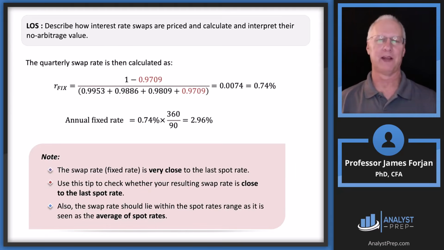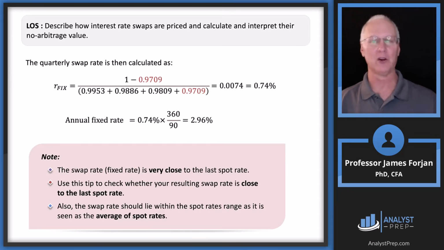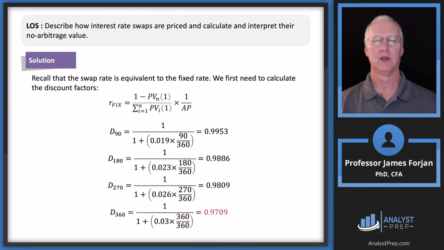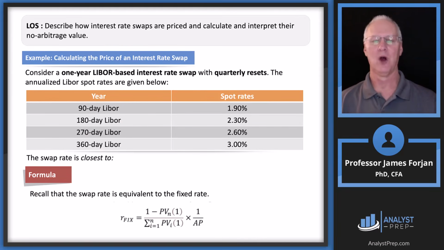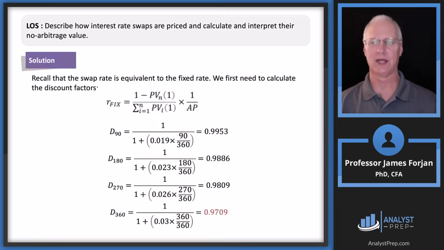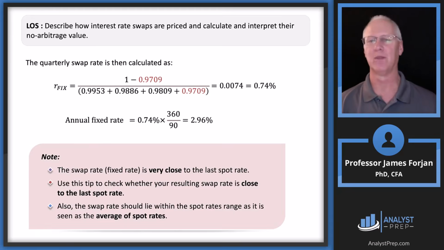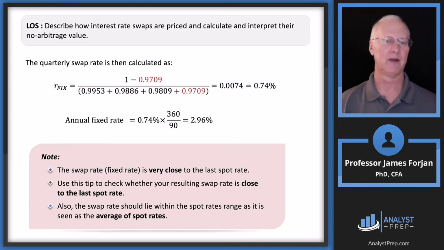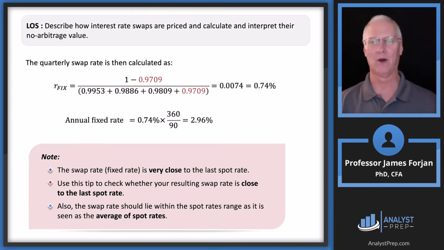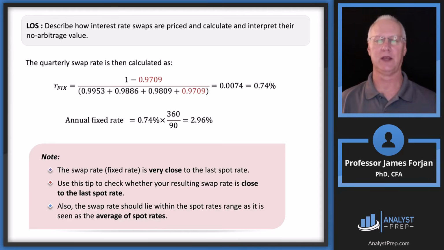So let's figure out what that annual fixed rate swap is, but first let's do the quarterly swap rate. All we're going to do is go back to that equation. There we go. 1 minus, so we're going to take 1 minus the biggest number. Well, how about if I say the smallest number? We're going to take 1 minus the longest term, which is going to be the smallest number, and then we're just going to add all of those discount factors.